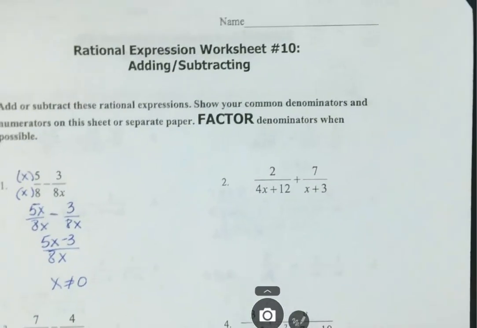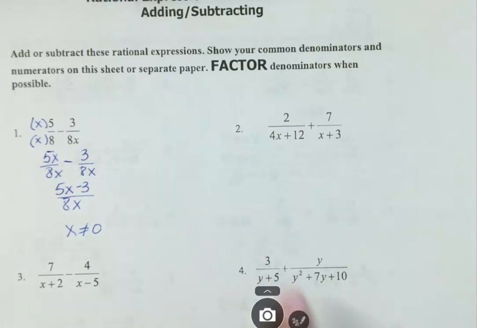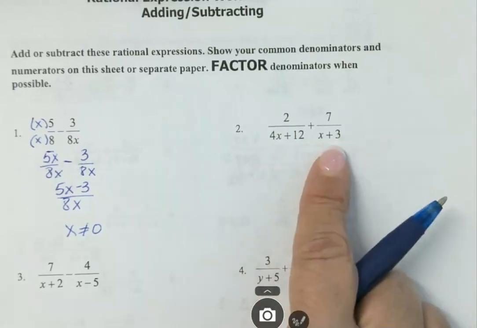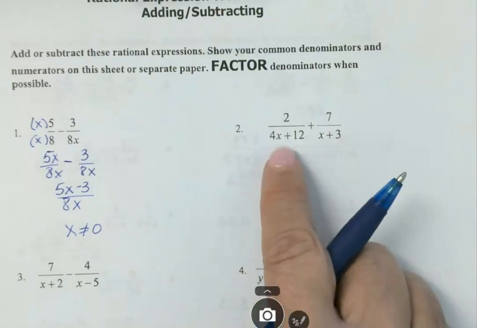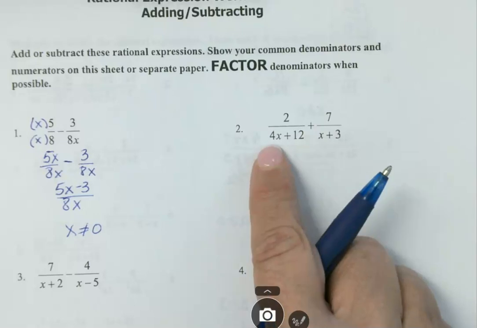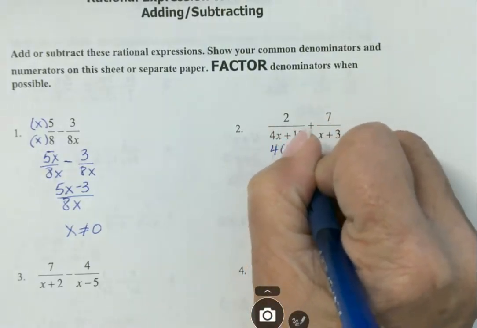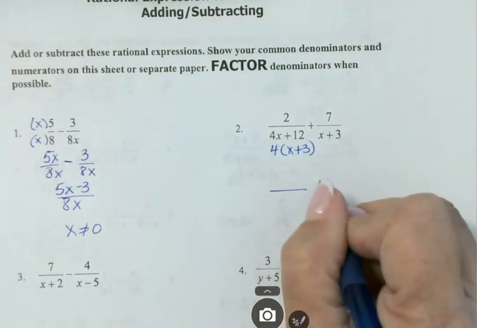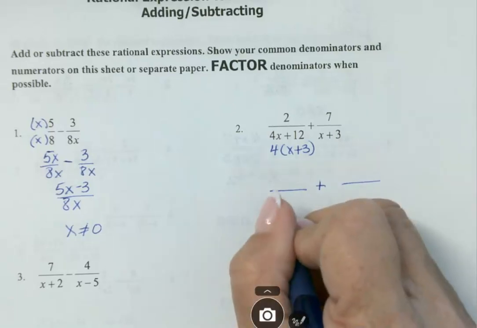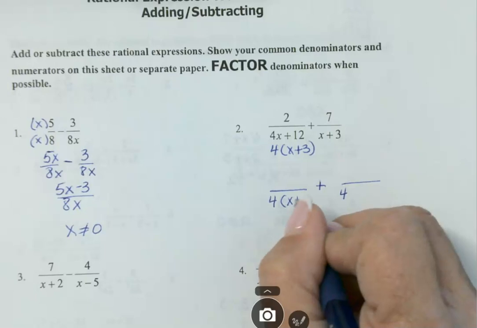Okay, number 2. I want to make these look the same. And sometimes when you are doing these, it's easier to factor first. So if you look, this has a common 4 in it. So when I go to do my denominator, I need a 4, and I need an x plus 3.